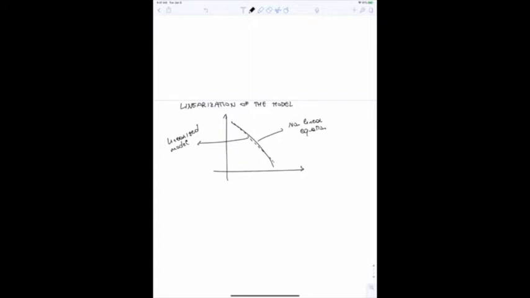So let's try to find a linear approximation of the rock physics model, or any model you're looking for. Well, what we often use is Taylor's series expansion, or series approximation.